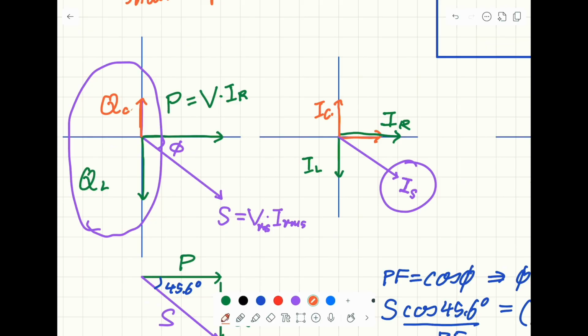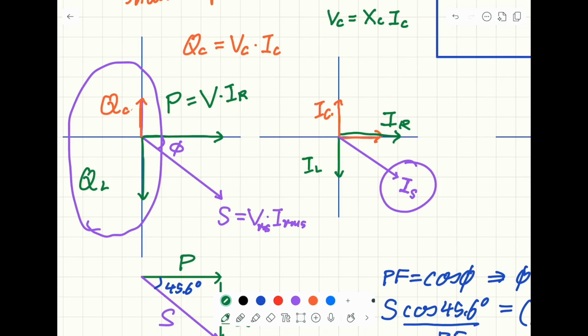Now, of course, QC, the reactive power, is equal to VC multiplied by IC. Next, we ask the relation between V and I. We have an Ohm's law for the capacitor. So this says the V across the capacitor is proportional to the I across the capacitor, and the proportional constant is XC, just like Ohm's law.